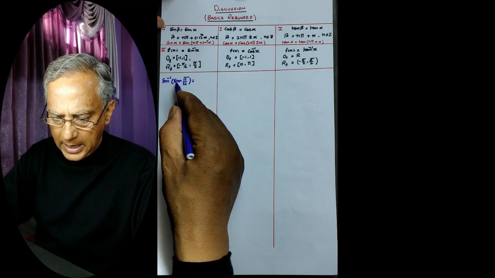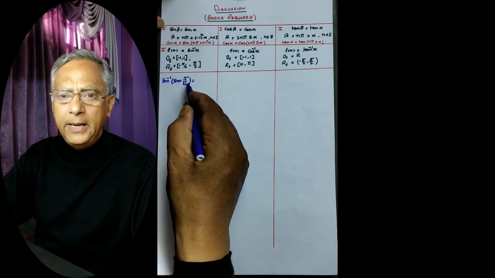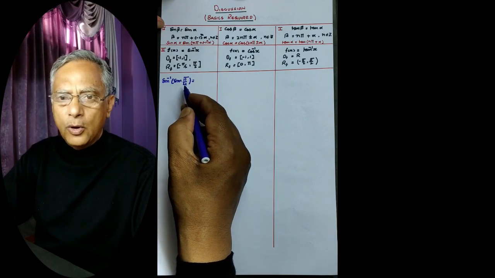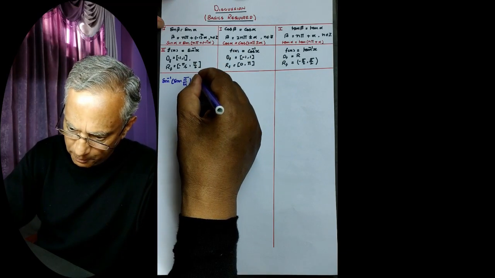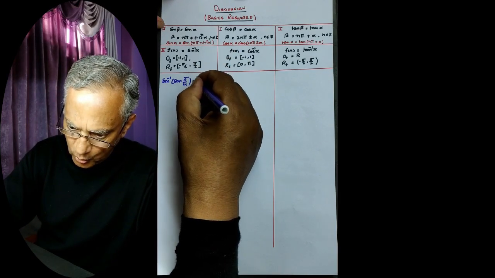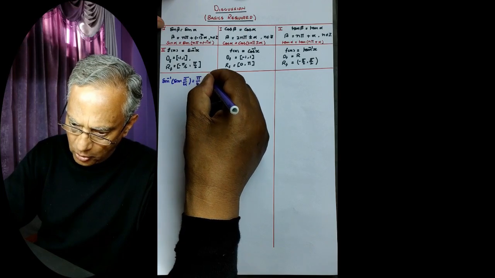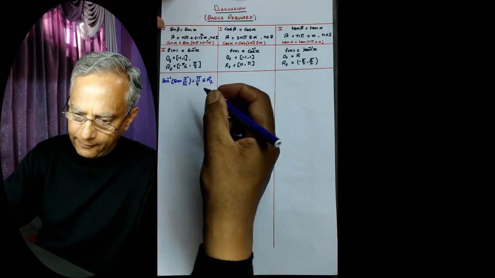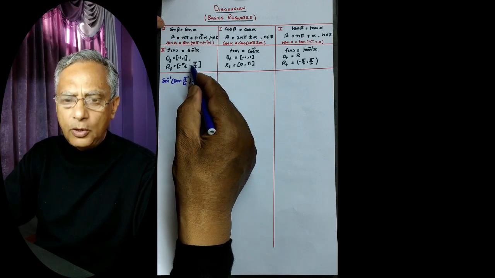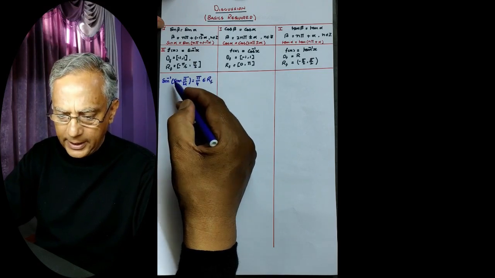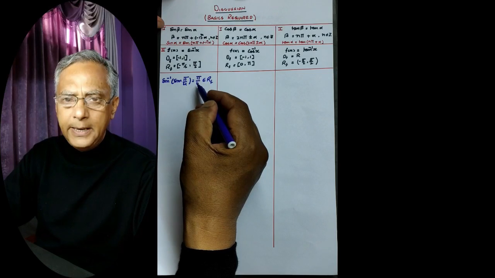So this will be the identity of pi by 4, which is pi by 4. And pi by 4 belongs to the range of f, which is minus pi by 2 to pi by 2. So sine inverse sine pi by 4 is pi by 4.